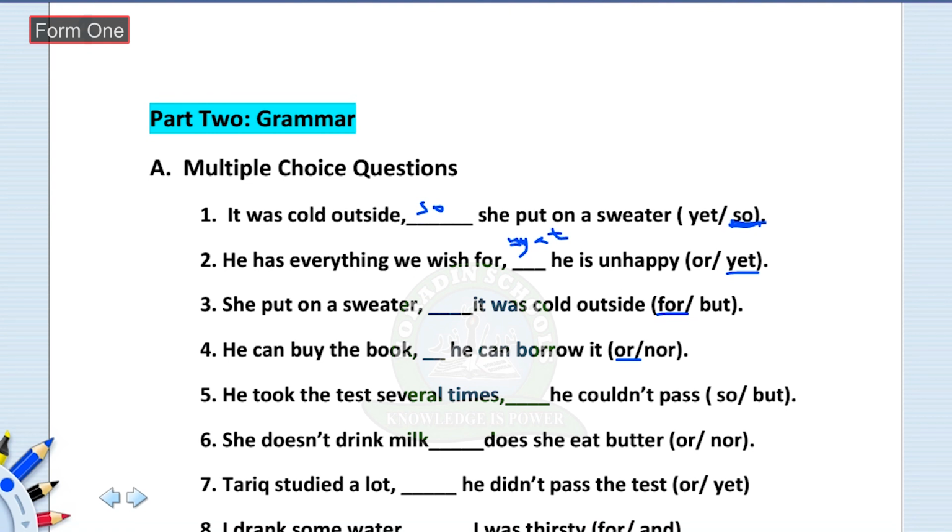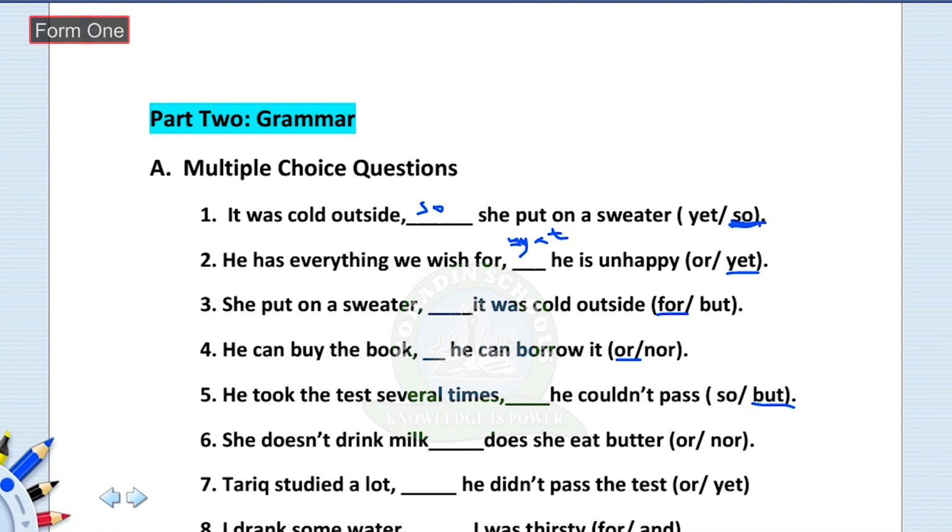The fifth one, he took the test several times, dash, he couldn't pass. Now you have got two options, so and but. Here the correct option is but, because the word but shows unexpected surprise, like yet.